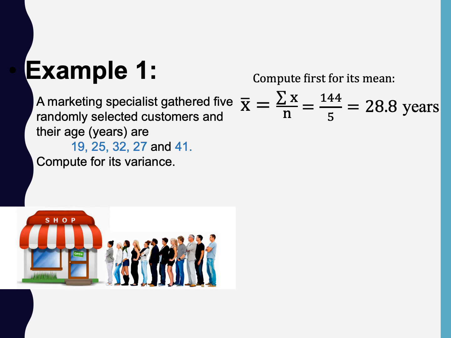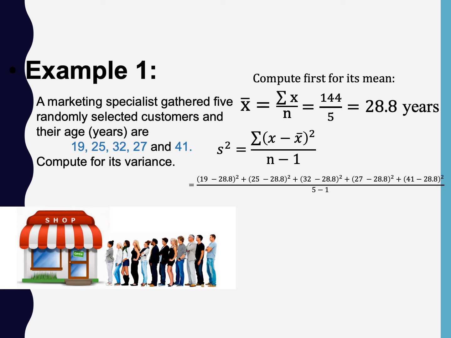And for the sample variance, notice that your denominator for the formula is n minus 1. So instead of using 5, your denominator now will be equal to 4. So the sample variance of the data set is 68.2 years squared.